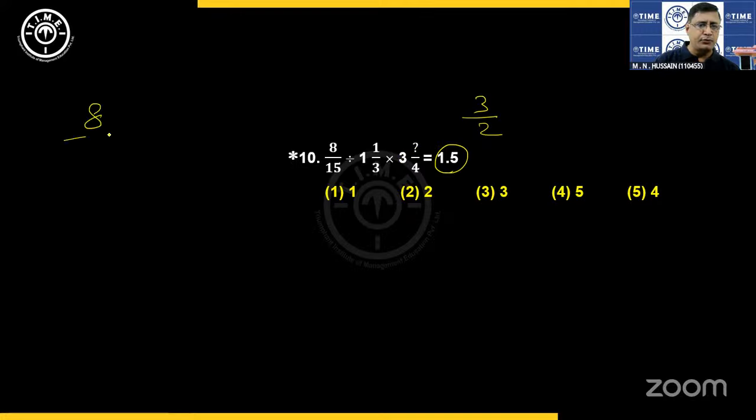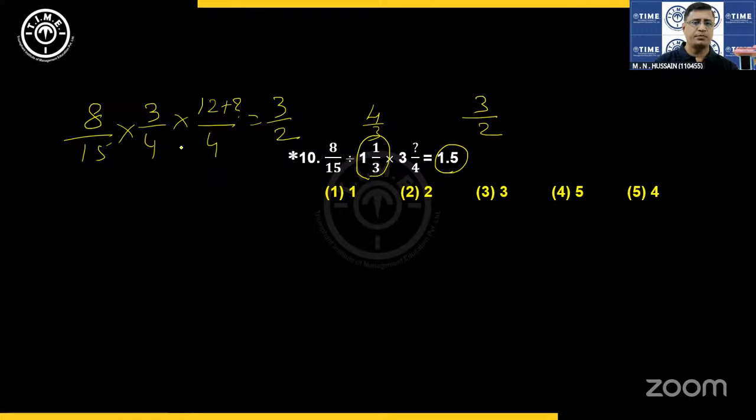Now 8 by 15 into, here it is 4 by 3. When you change the sign, then it will become reverse. What is it? 3 by 4. Into 3 into 4, 12. 12 plus question mark by 4 is equal to 3 by 2.